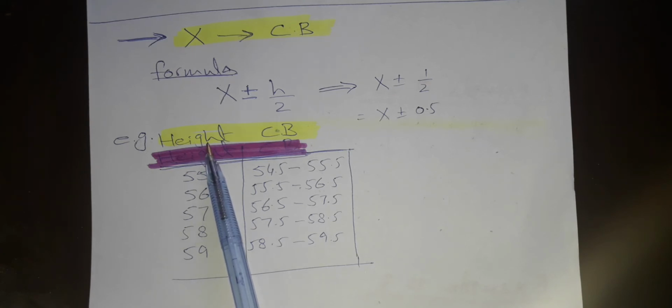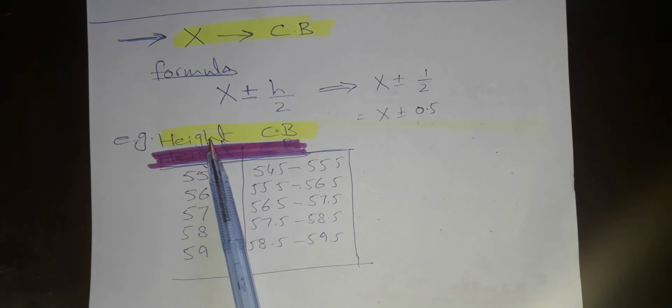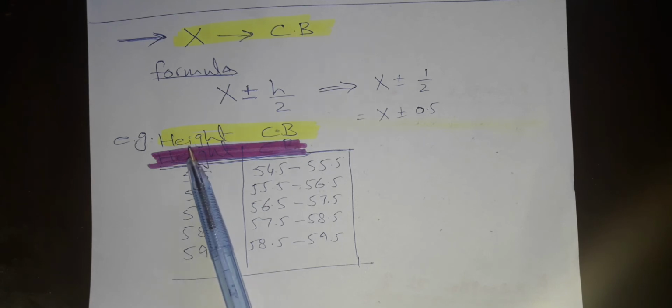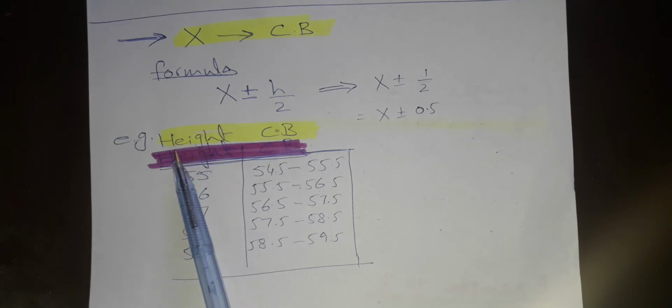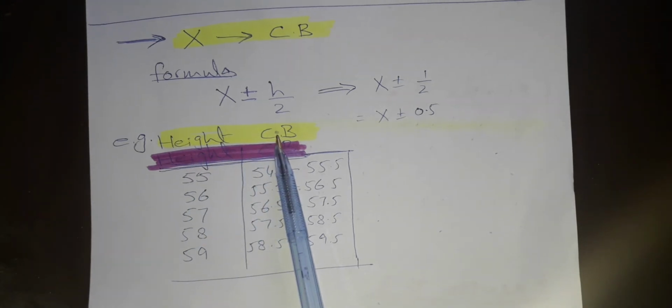And what is a discrete variable? Discrete means that the variable can jump, like the number of chairs in a classroom. The number of chairs should be 10 or 11. That can't be 10.1 or 10.2. So height is a continuous variable, and for a continuous variable we can make class boundary.